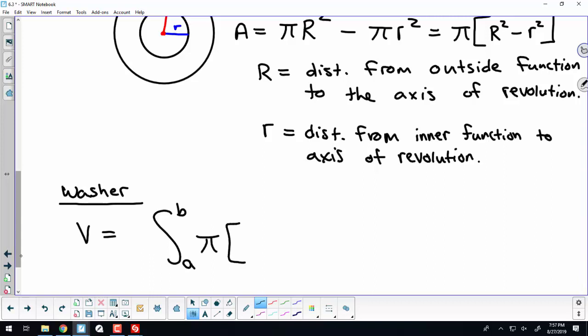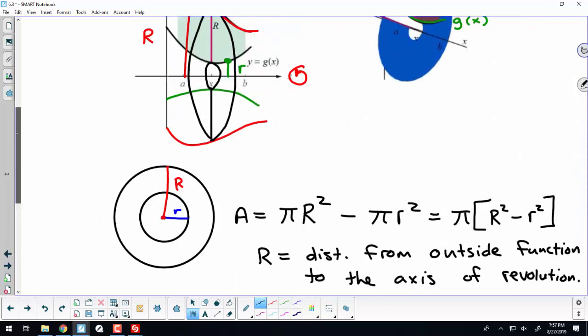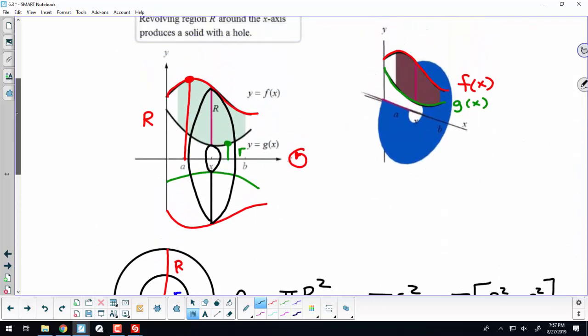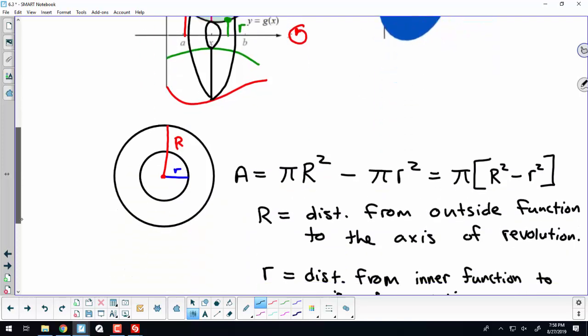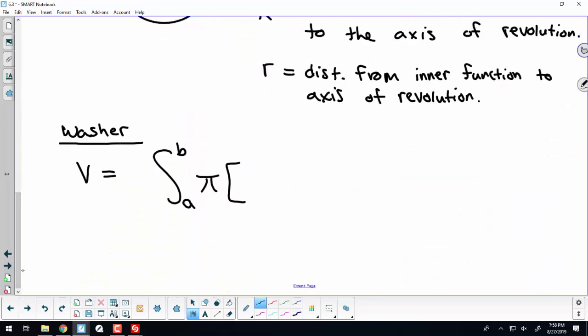We'll just stick with the figure that we have there. The outer radius is capital R, but with this picture, what is the outer radius? So pi times f of x squared minus the inner radius, which is the function closest to the axis of revolution, g of x.